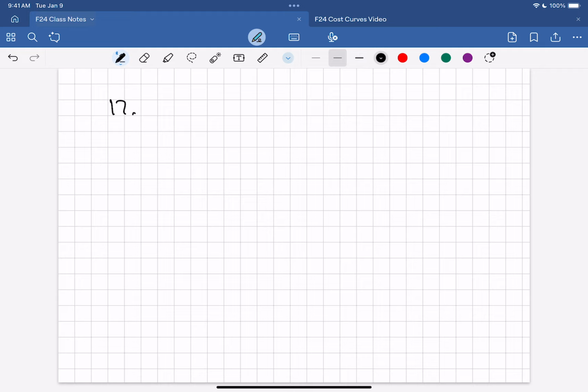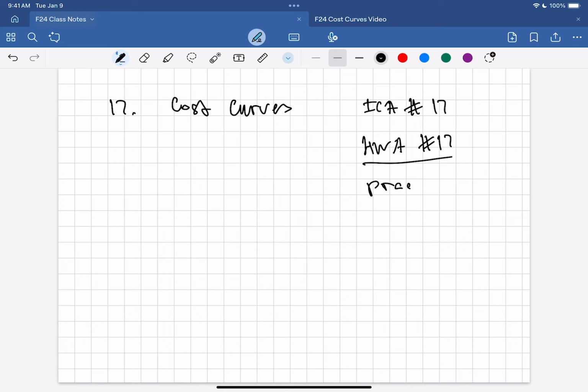All right, and the last topic we covered was the story of cost curves. Okay, so again, we have in-class assignment to help you learn. And we have homework assignment number 17, again to help you learn, especially if you do practice quizzes. Well, quiz in this case, particularly quiz number 17.